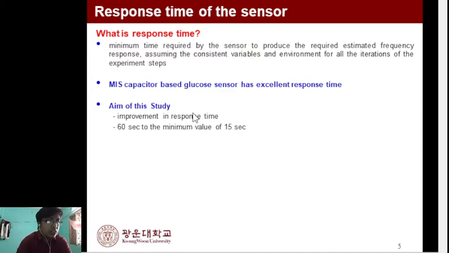In this chapter, we aim to focus on improving the response time. For this glucose sensor, the response time is 60 seconds at maximum and the minimum value is 14 seconds.